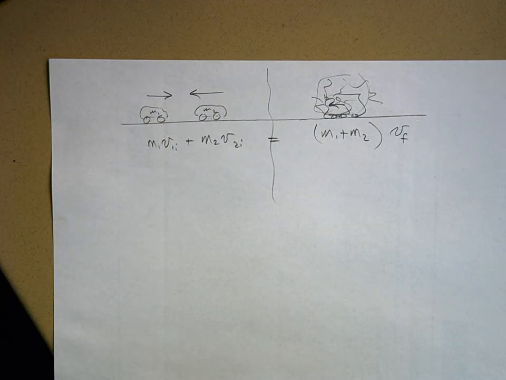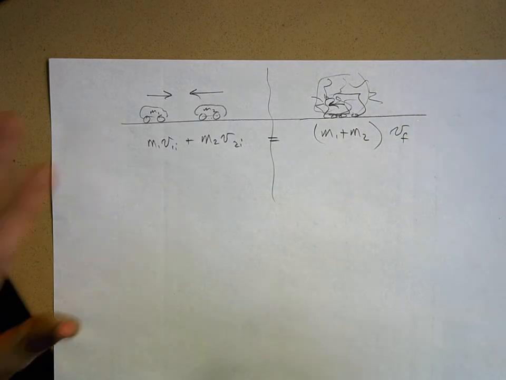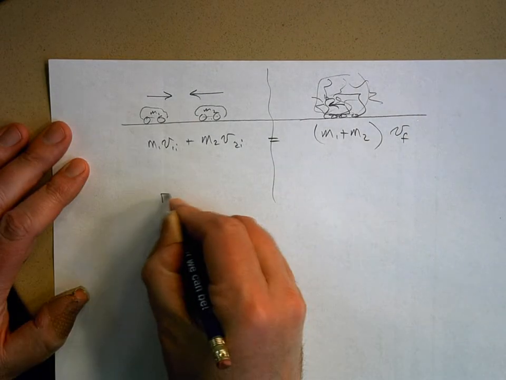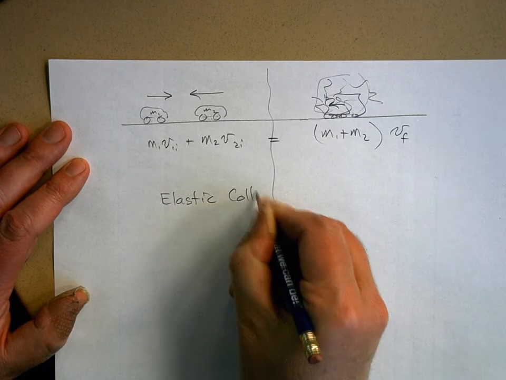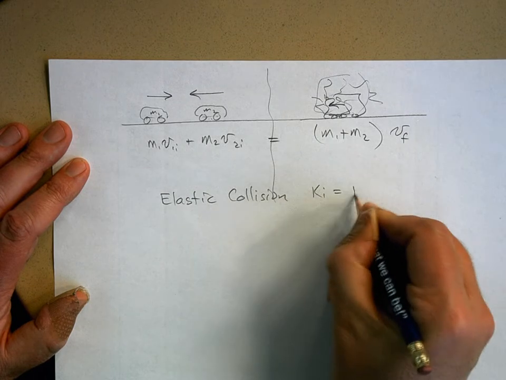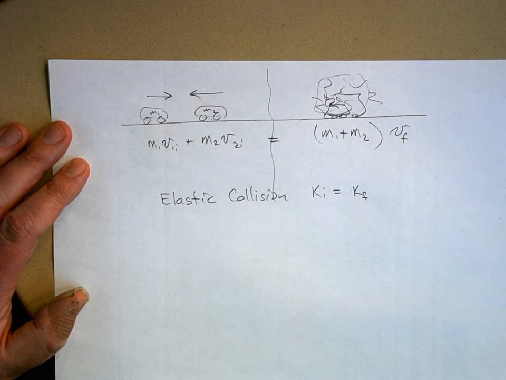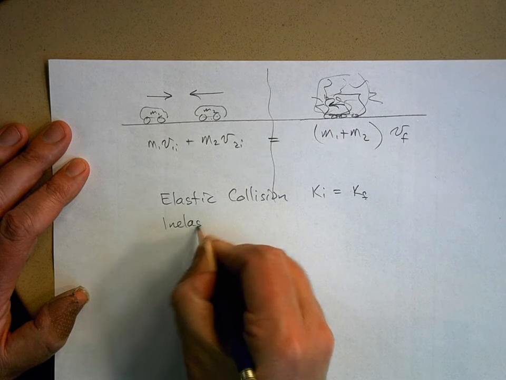Okay. Now another kind of problem I can give you is where we have elastic collisions. In an elastic collision, the initial kinetic energy is equal to the final kinetic energy. Then we have inelastic collisions.